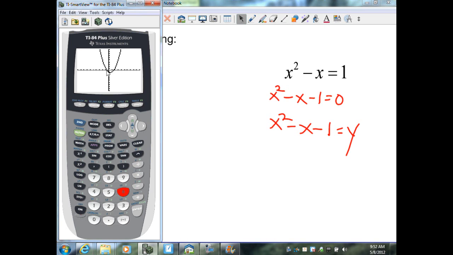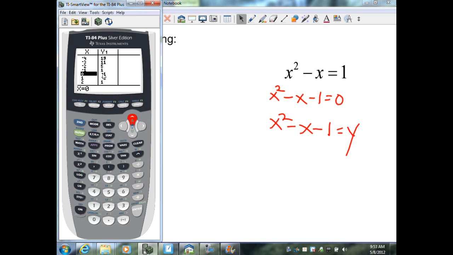I have 2 x-intercepts. I don't know where they're located at, but to help us out, I can go to my table. So I'm going to hit second, graph, and I want to find where my values go from negative to positive or positive to negative on my y values. So if I scroll down, I can already see one that I go from positive to negative, and that's going to occur between a -1 and 0.